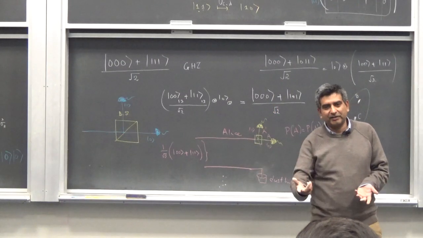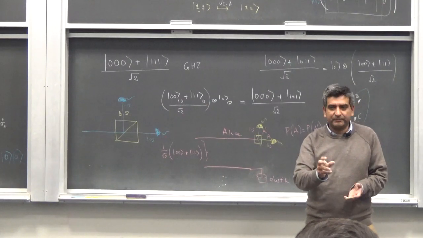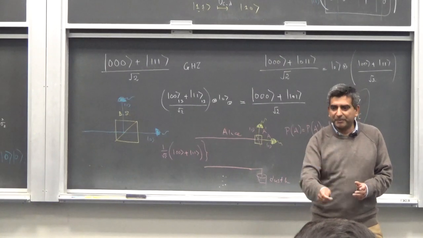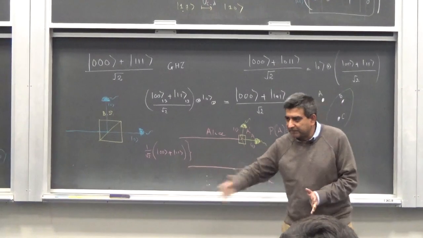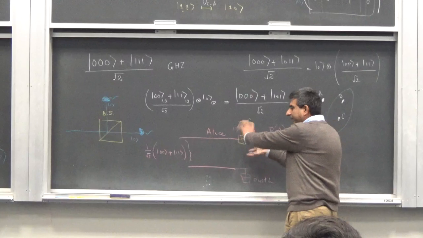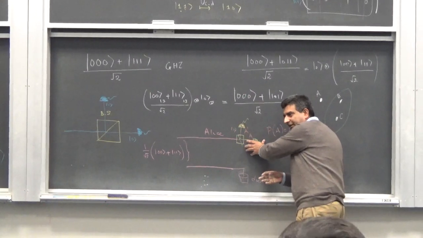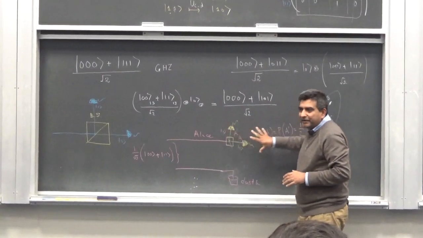If you have a coin, you want to tell whether it's fair or it's somehow fudged, it has heads on both sides. You have to repeat the experiment multiple number of times on identical coins. So I get multiple copies of these entangled pairs, and I operate my experiment. Half of the time this detector is going to click and half the time this detector is going to click. Just a totally random output.